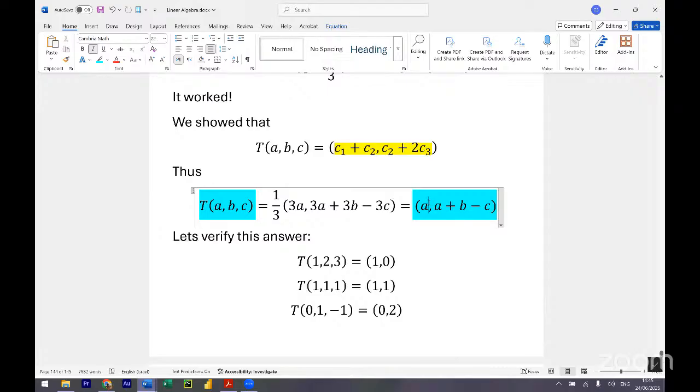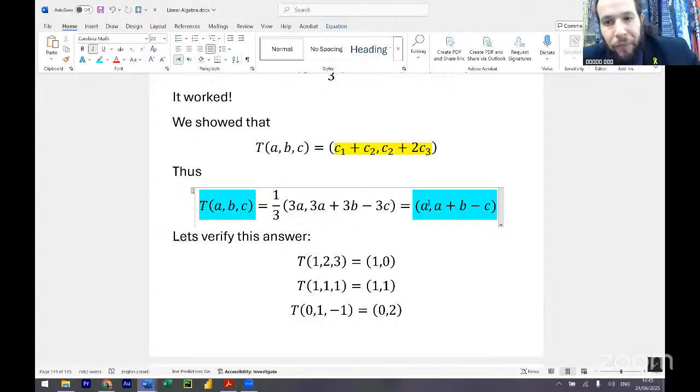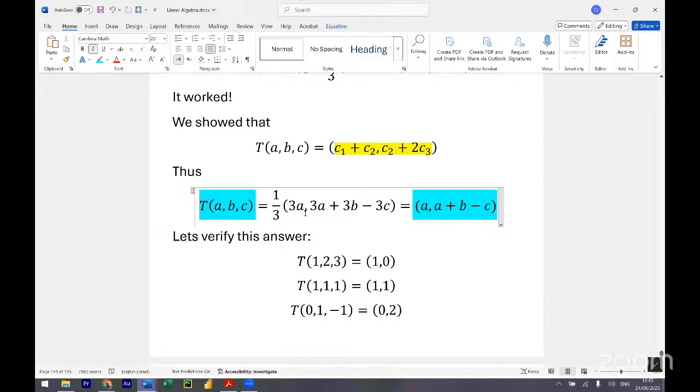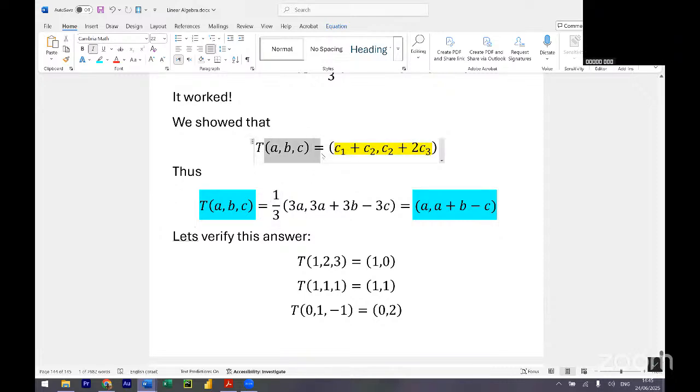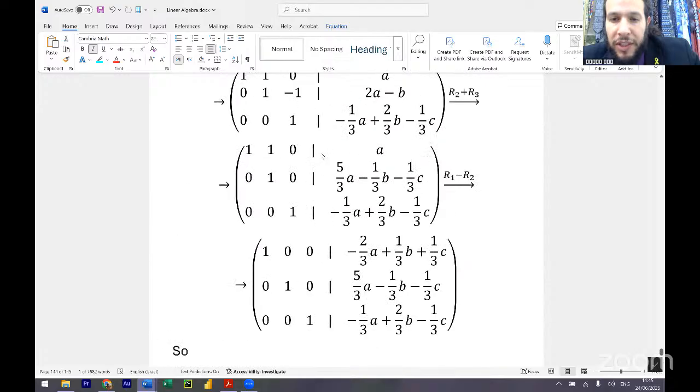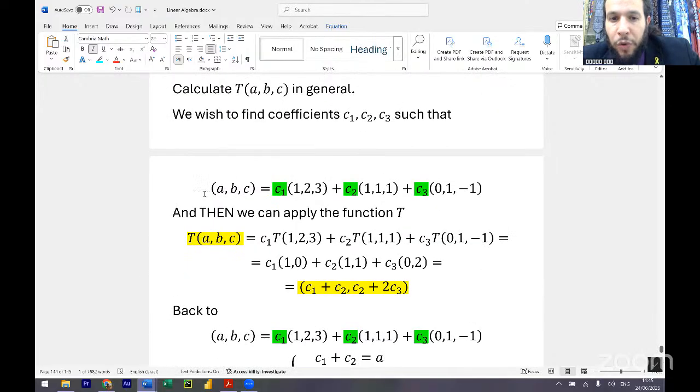Sorry, Aris, one question. You said it's T of ABC equals T of 1/3 of this, or? Oh. No, not T of, just this. Okay. Because of this, and I'll remind you, where did this come from? We originally said if we find C1, C2, and C3, we will apply T then.